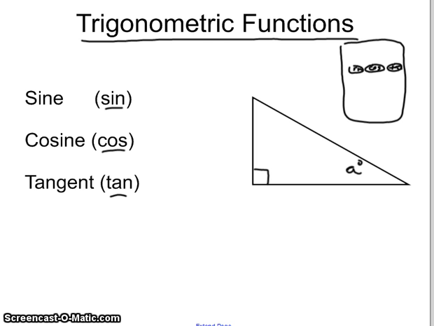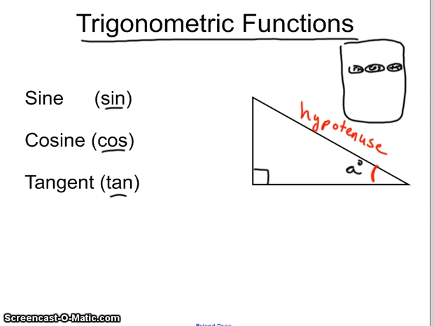Now, each side: this is the hypotenuse, because it's across from the 90-degree angle. And then we have the two other legs. In accordance with this angle, though, we call these two legs specifically as the angle relates to it.